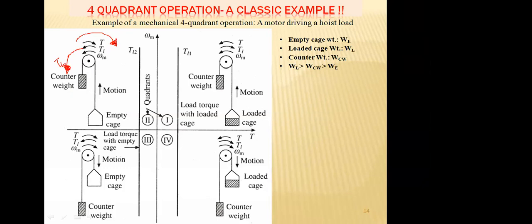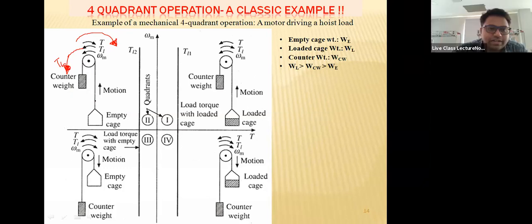What is the direction of load torque? This is the direction of load torque. Else the empty cage will accelerate upwards at higher speeds than desired. So what will happen to the person? The person will fade, right.